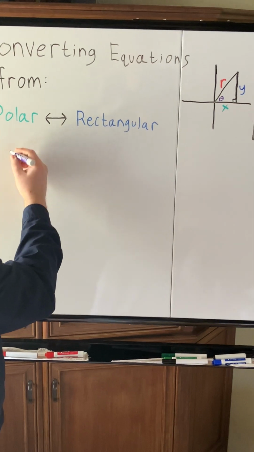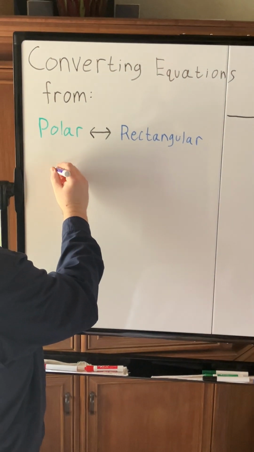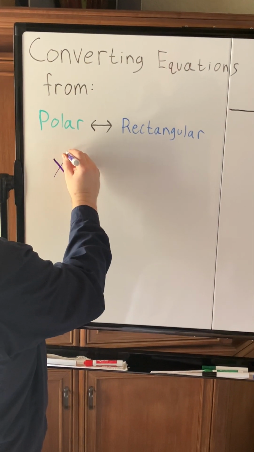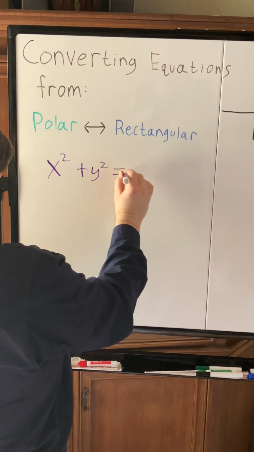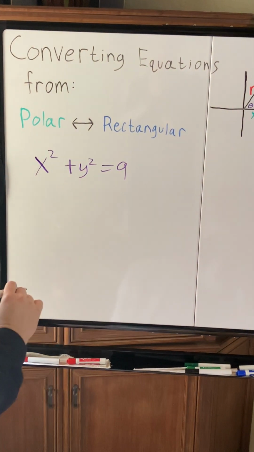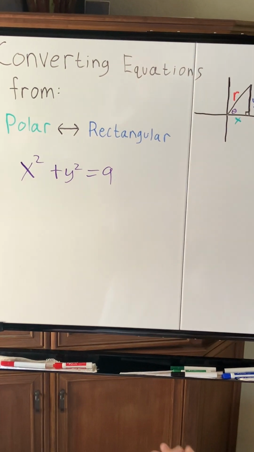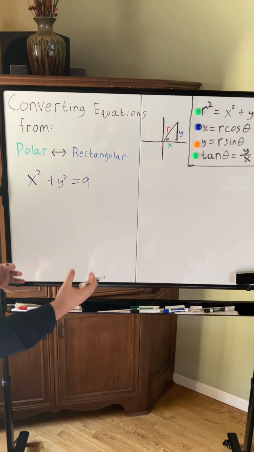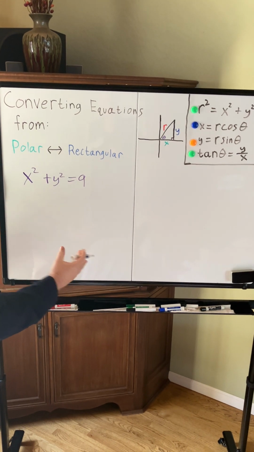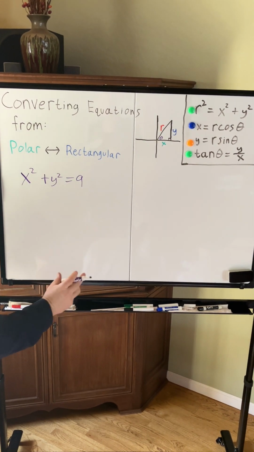If I had the equation of a circle, let's say it was x squared plus y squared equals 9. Whether you have gone over circles or not, this is a circle with a radius of 3 centered at the origin. Don't necessarily need to know that.